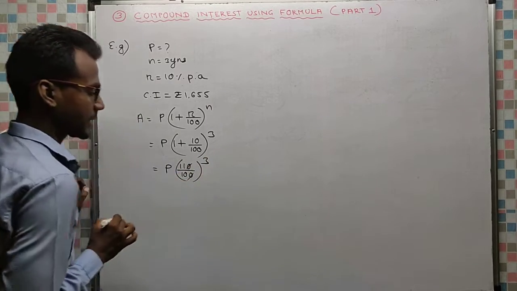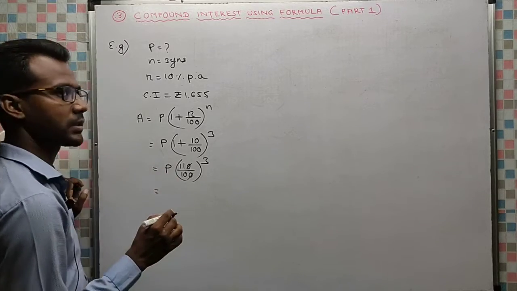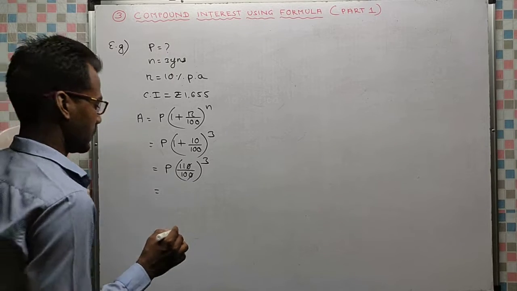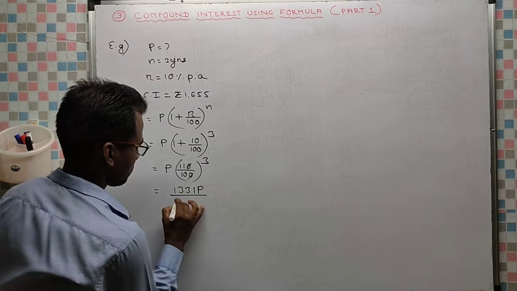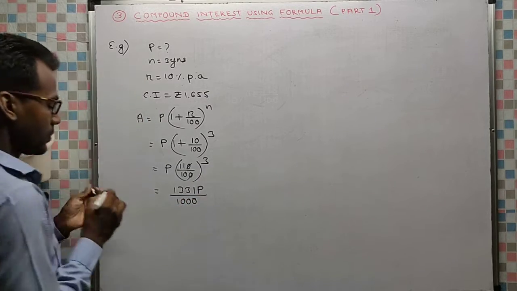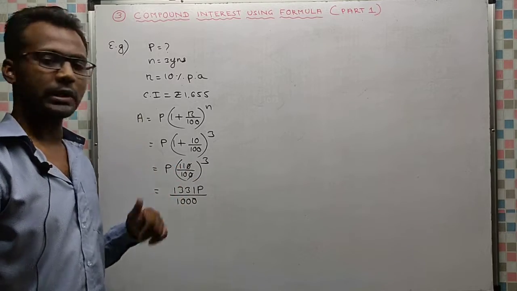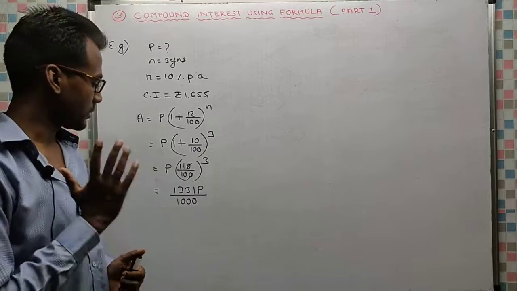So the zeros cancel, 11 by 10 whole power 3. 11 cube is 1331, 10 cube is 1000. So amount is 1331 P by 1000.